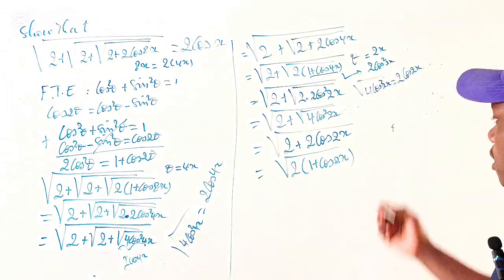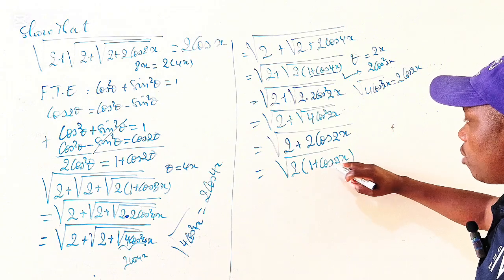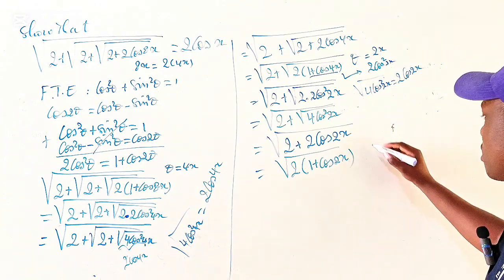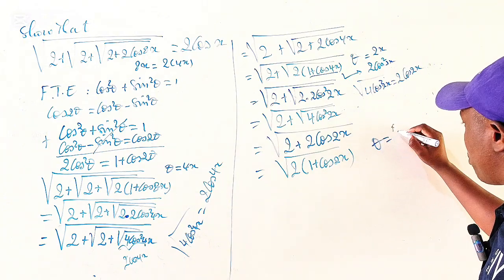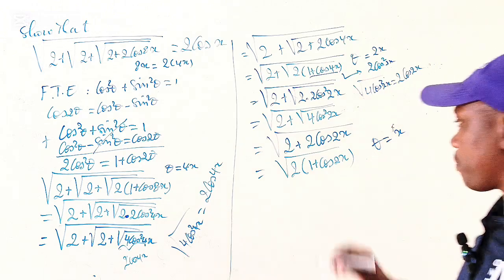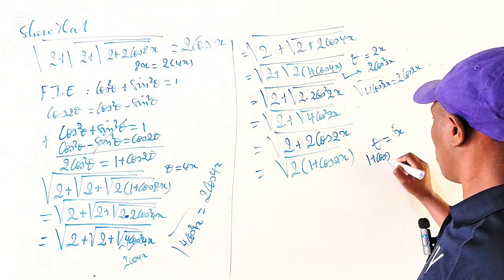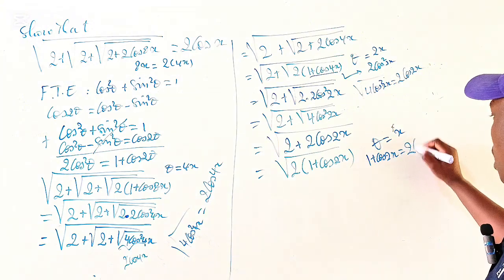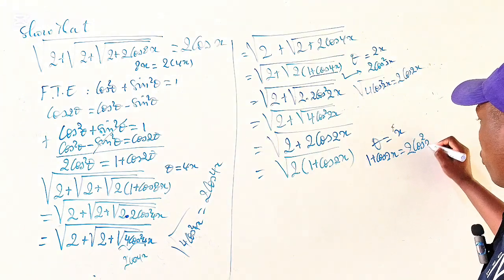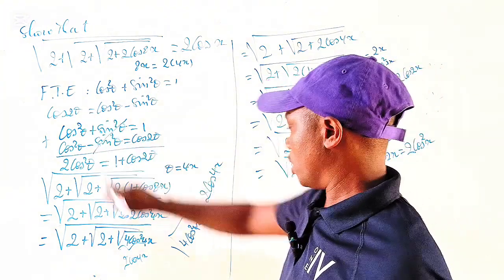You see here, because this is a double angle, it's a double angle of x. That's why our theta here will be x. And 1 plus cosine 2x is equal to 2 times cosine squared of x according to this one.